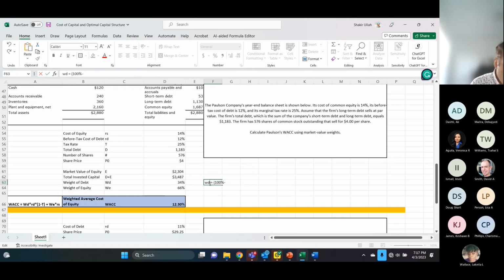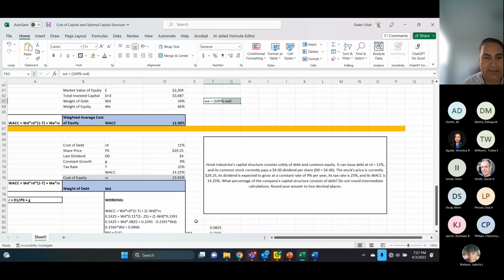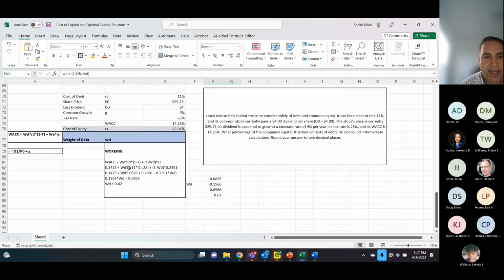WE, weight of equity, could be equal to 100% minus the WD. Right? So that means we will get rid of WE from the formula, and there will be only WD left. So what I can do is I will replace the weight of equity with 1 minus WD, or 100% minus weight of debt.